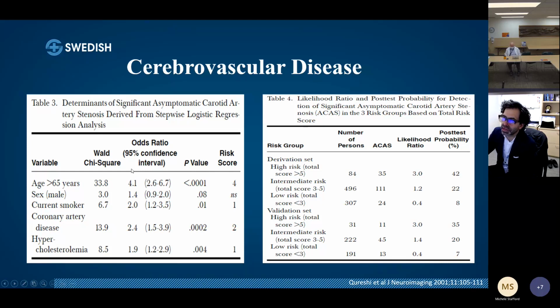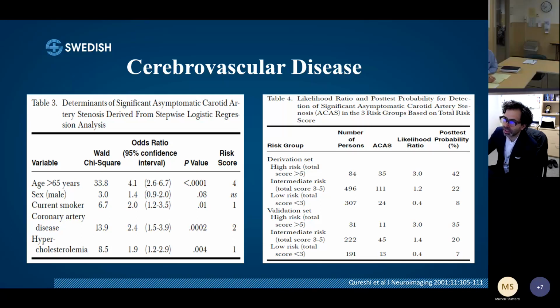And what you can see on the left here is that age is probably the biggest predictor, which is kind of what we saw in the peripheral arterial disease patients as well. Being male has less effect, active smoking, and then other things that you would expect for arterial disease, coronary disease, and hypercholesterolemia. So they put that all into a chart, and if you got an intermediate score, you're going to have a post-test probability of a 1 in 5 chance of having greater than 50% stenosis in a carotid bed.